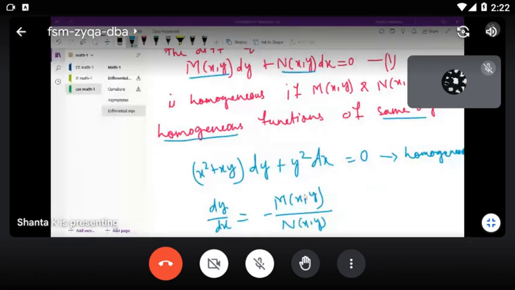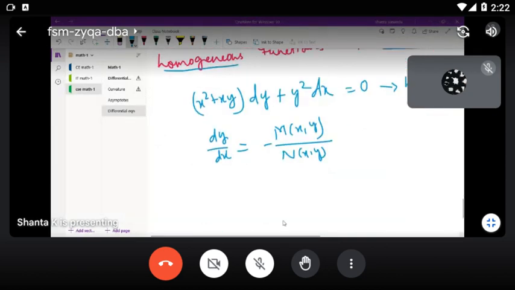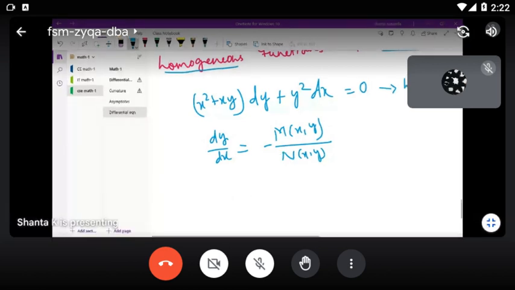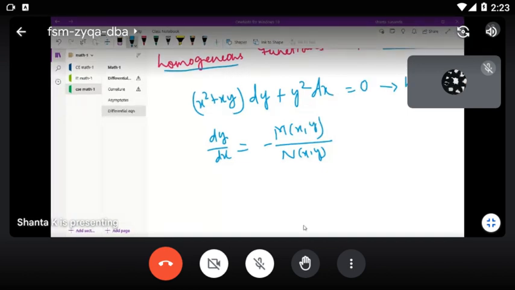Okay. So simply, as you said, we will be substituting here. Substitute y by x equals to v. Y by x is equal to v, or y is equal to vx. Both are the same thing. Okay.